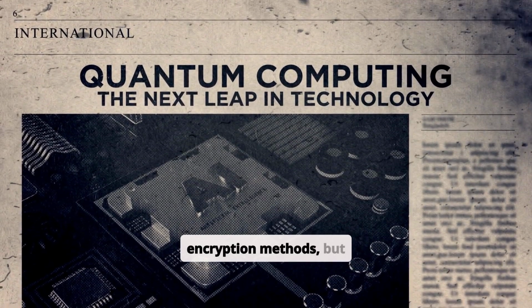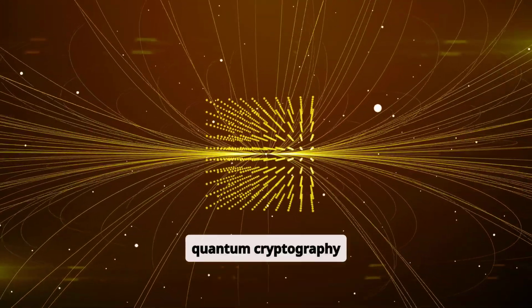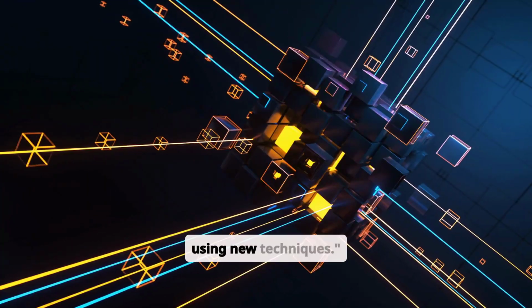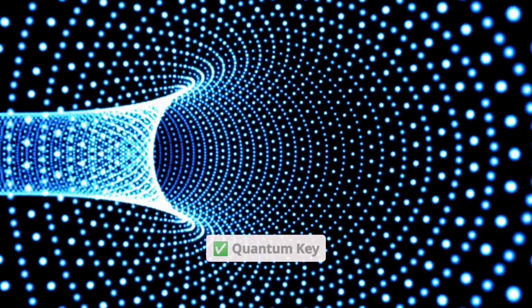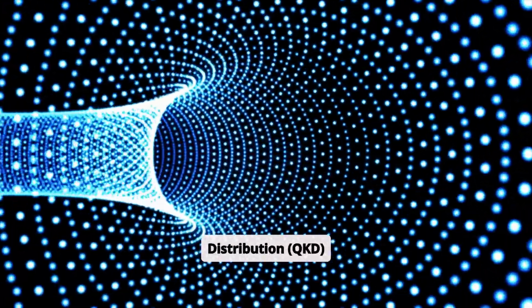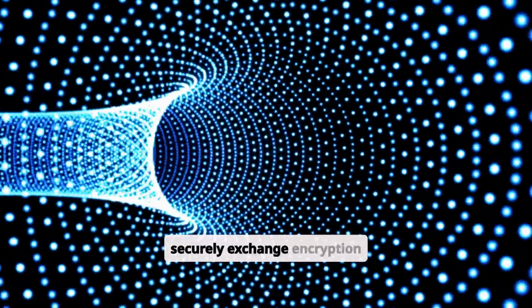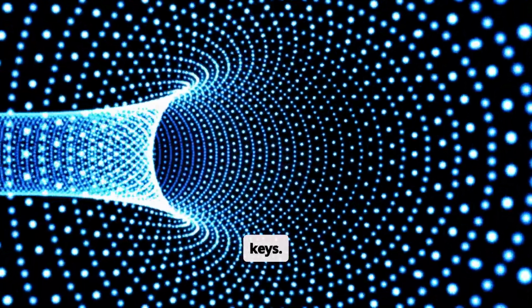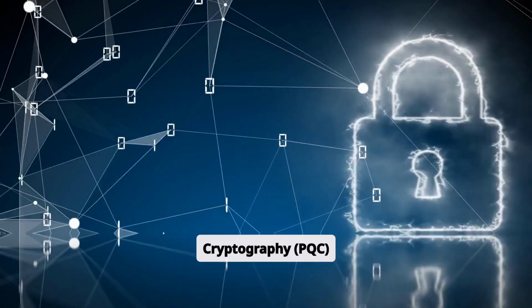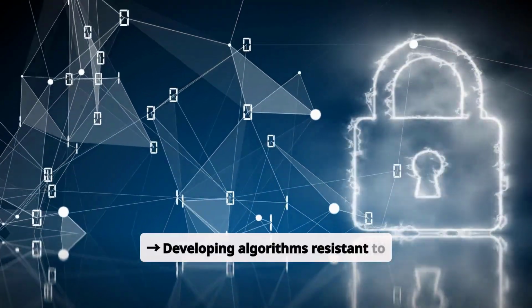Quantum computers threaten traditional encryption methods, but quantum cryptography aims to counter these threats using new techniques. Quantum key distribution (QKD) uses quantum mechanics to securely exchange encryption keys. Post-quantum cryptography (PQC) develops algorithms resistant to quantum attacks. Here's an example.